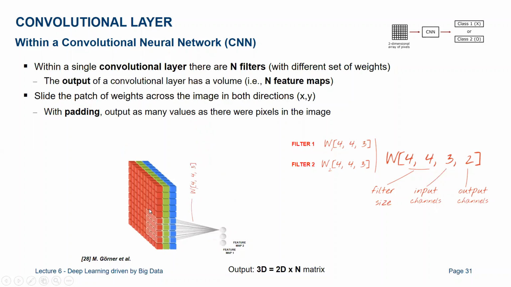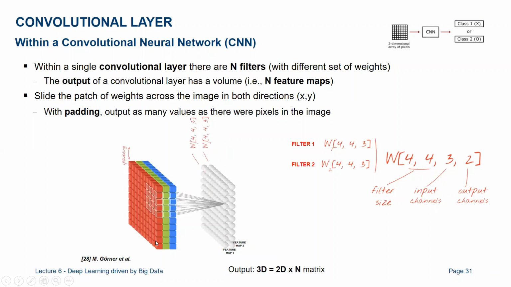Here you have your receptive field of 4 × 4, and in depth you have the 3 channels, because the input is, for instance, an RGB image. What you do is the convolutional operation across all the spatial positions of your image, and what you get is the output, which is going to form your feature map, right?